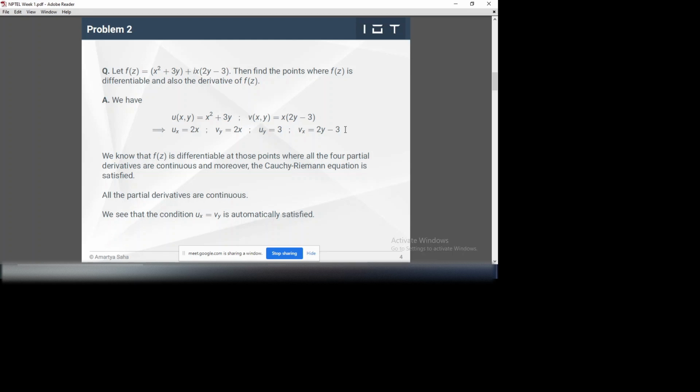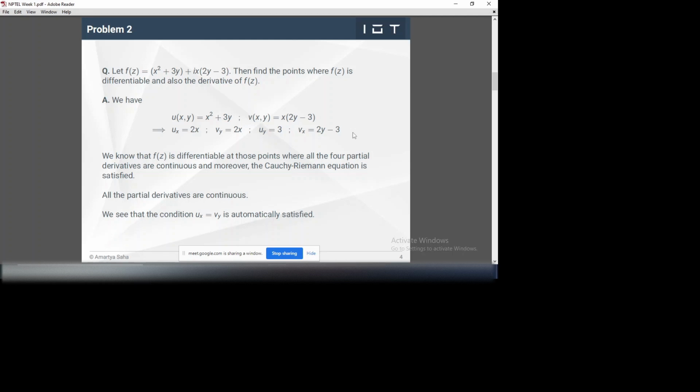So straightforwardly we get their partial derivatives. The four partial derivatives are listed here, and from these forms we immediately recognize that the partial derivatives themselves are also continuous because they are again polynomials, and no problem with continuity.